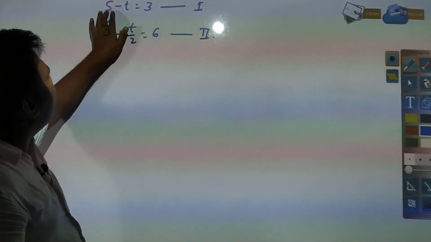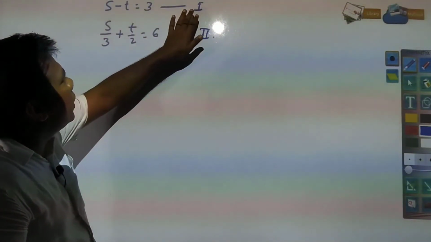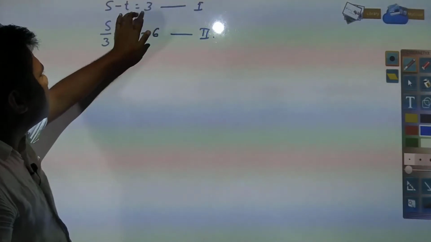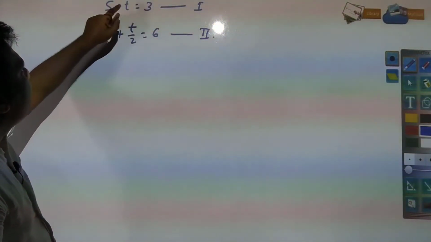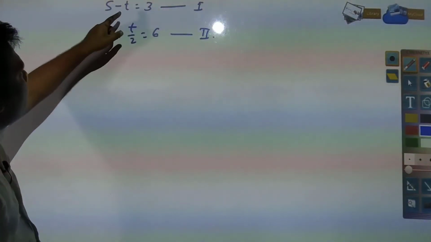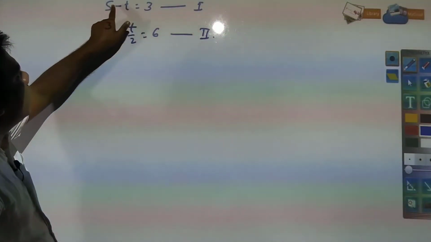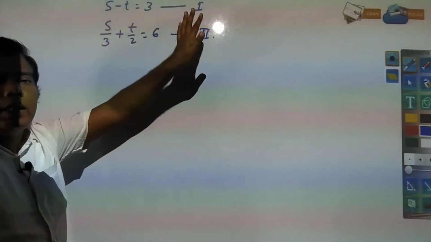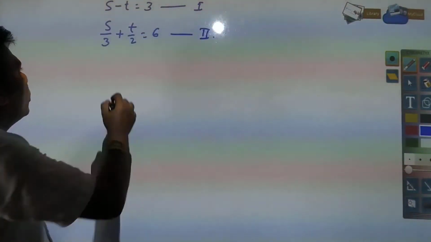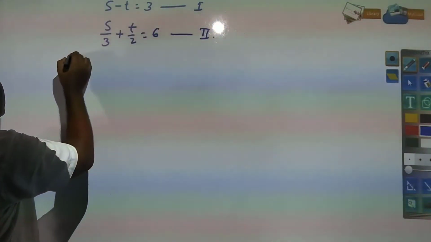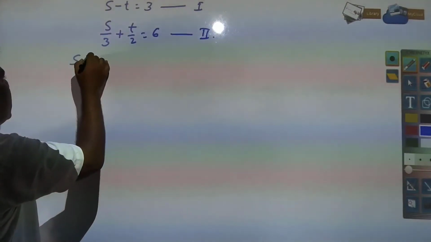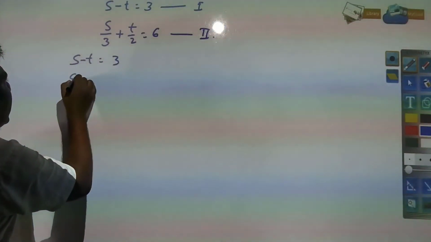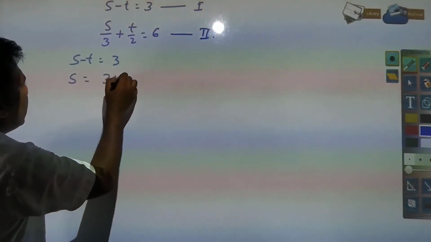First equation we have s minus t is equal to 3. So again, either you express t in the form of s or s in the form of t. Any can be done. So here you see s minus t is equal to 3, so s will be 3 plus t.